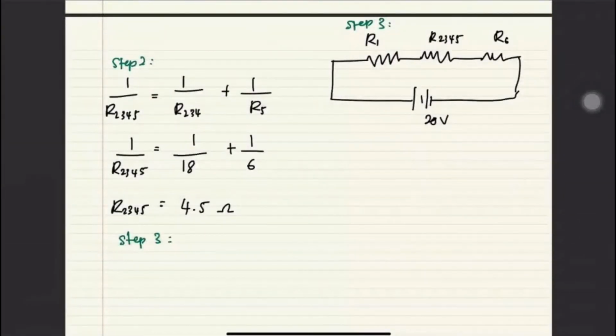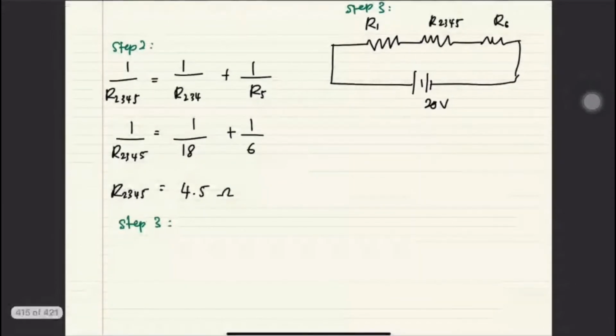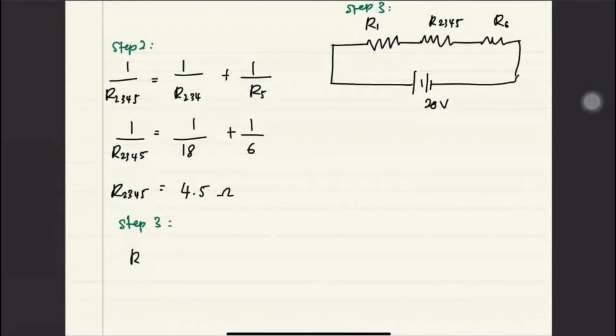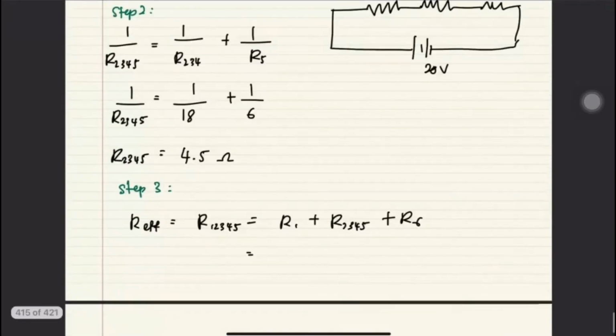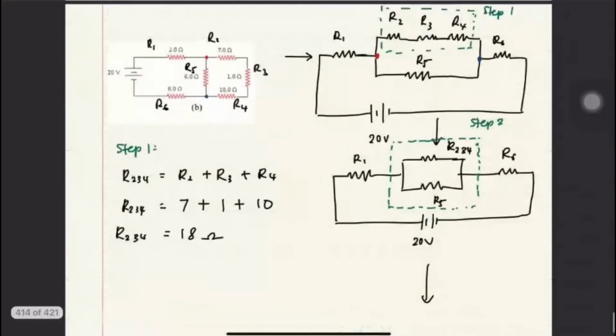Basically you have the resistors which are in series. So R effective or R1, 2, 3, 4, 5 equals to R1 plus R2, 3, 4, 5 plus R6. So imagine kalau kamu tak pakai subscript tadi, so kamu nak label dengan apa tu? So dia jadi R1 tadi 2 dengan 8.